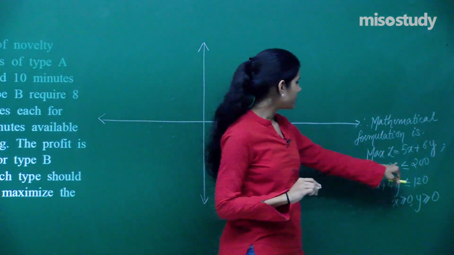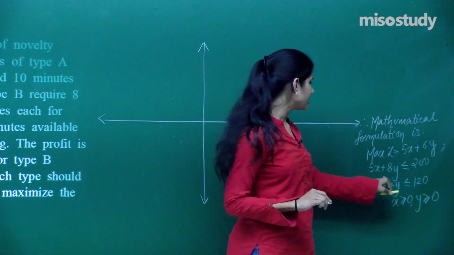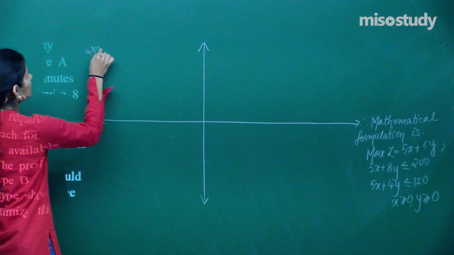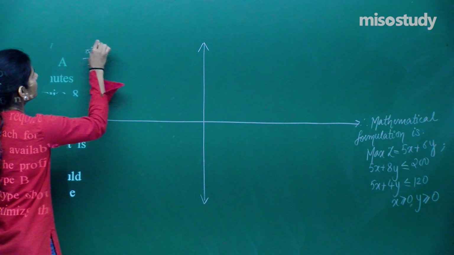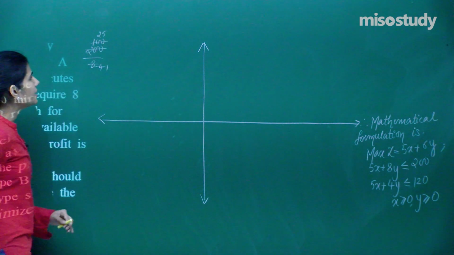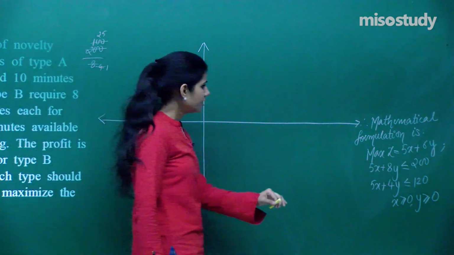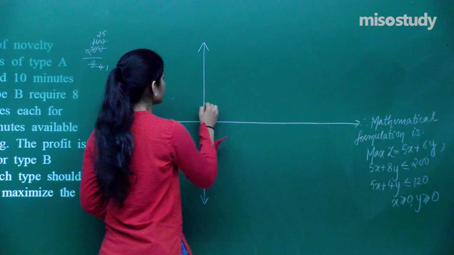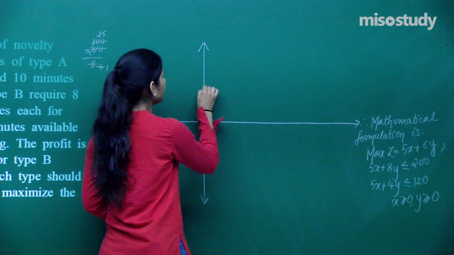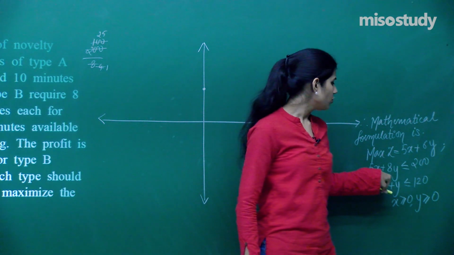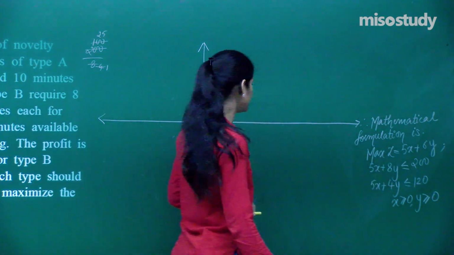First is 5x plus 8y less than equal to 200. When x is 0, y is 200 upon 8. What is that? This gives you 25, right? When x is 0, y is 25. So, say this is somewhere 25, and when y is 0, x is 200 upon 5, that is 40.